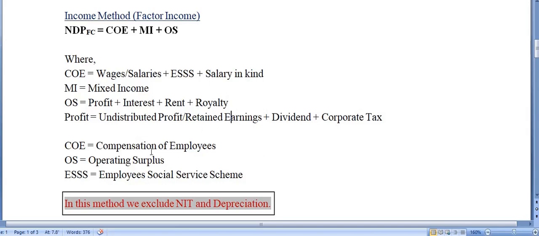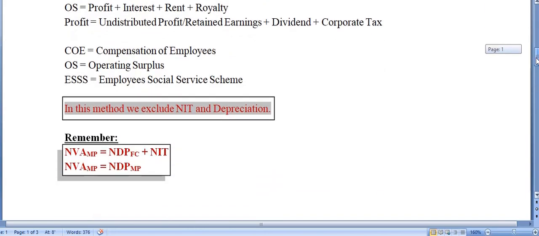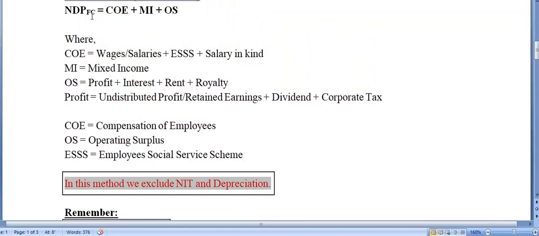Now these are the full forms. This ESS, that is Employees Social Service Scheme, is actually that PF. In this method, we exclude NIT and depreciation. Why do we exclude NIT? Because we don't get it at market price; we get it at factor cost.